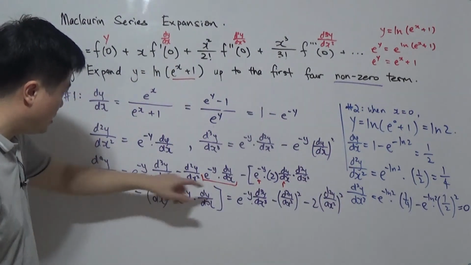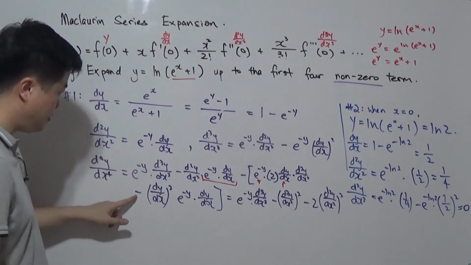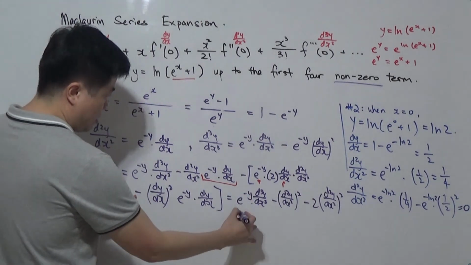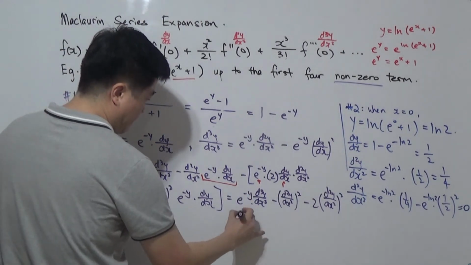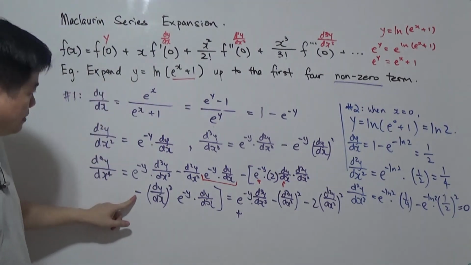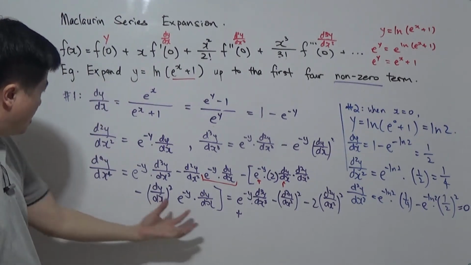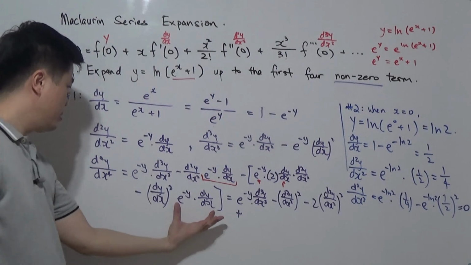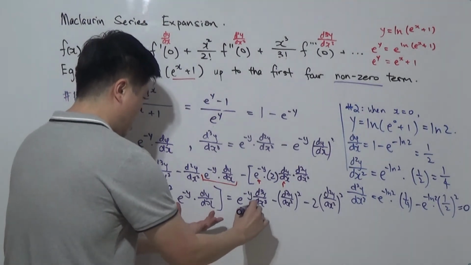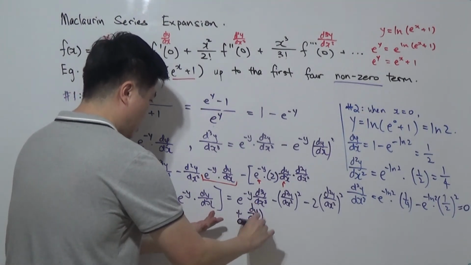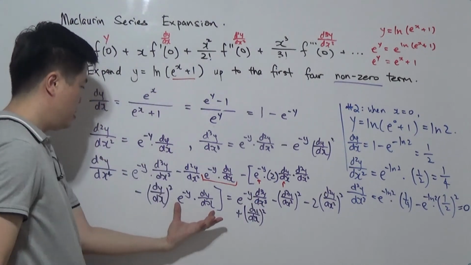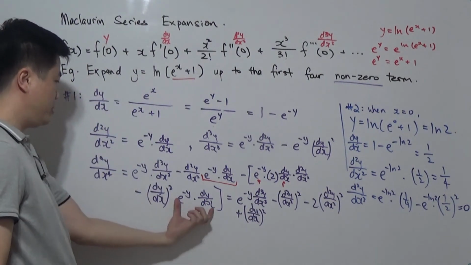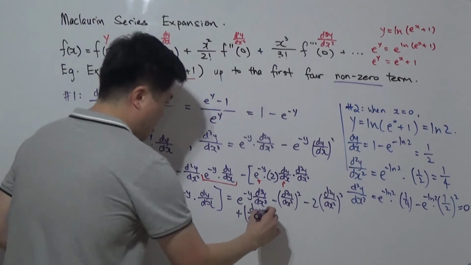Now, next up, we have a negative times a negative, so that is going to be a positive. And then this one again, so that will be (dy/dx) whole thing squared, times this, which is d2y/dx². Nice.